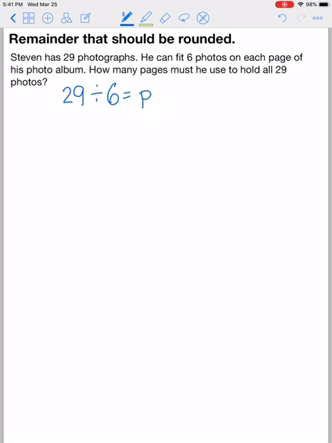So if we did this out, we can do it using the partial quotient. And we can get, so I can do 6 times 4 is 24. And I know 29 minus 24 is 5.